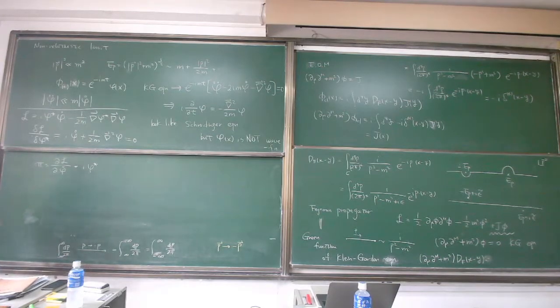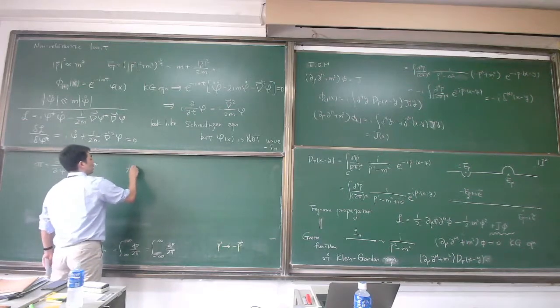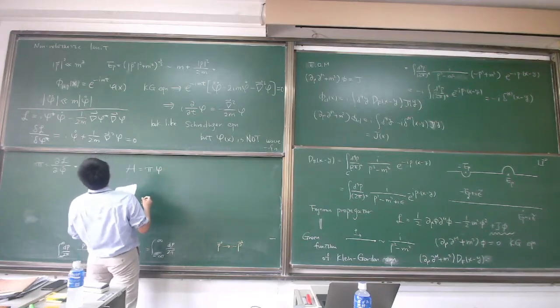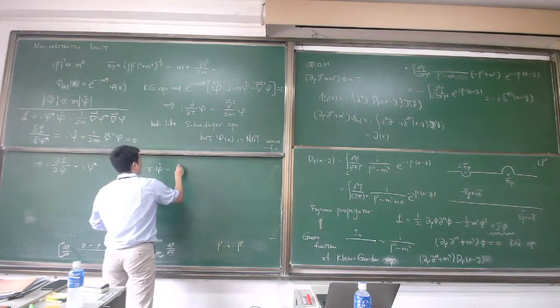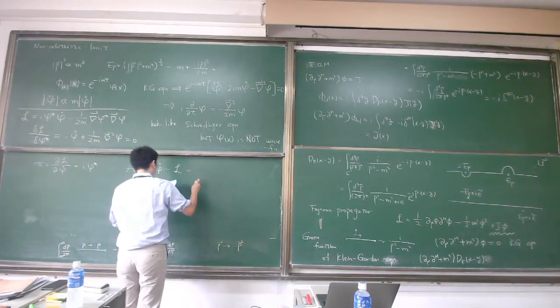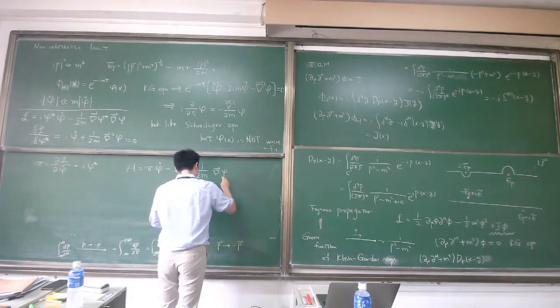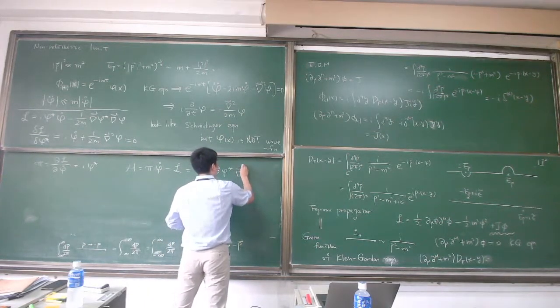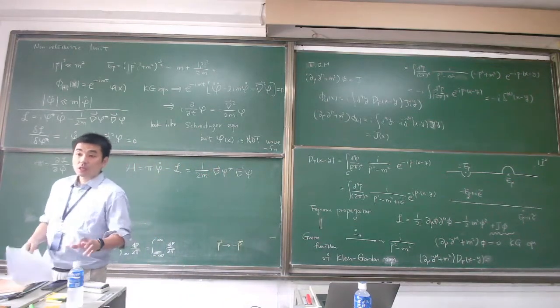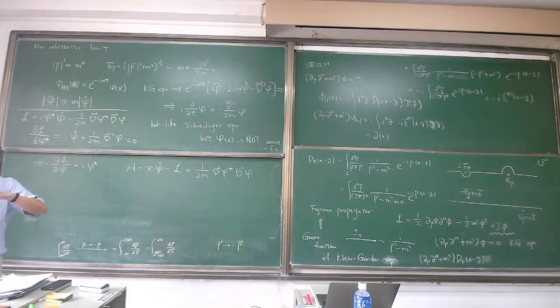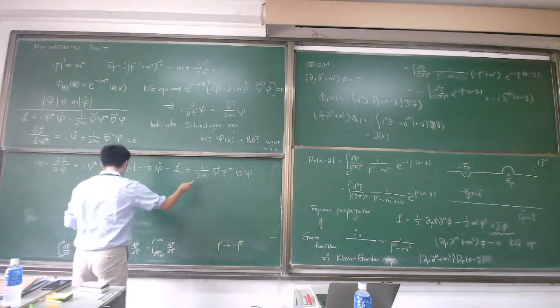Therefore, the Hamiltonian is just pi phi dot minus the Lagrangian, which is equal to the following form. And this is also a very familiar form for a Hamiltonian in quantum mechanics. The first term cancels with this term, and we have only the spatial term for the Hamiltonian.